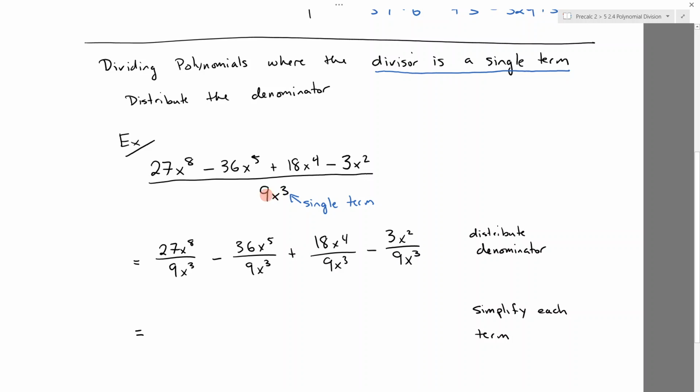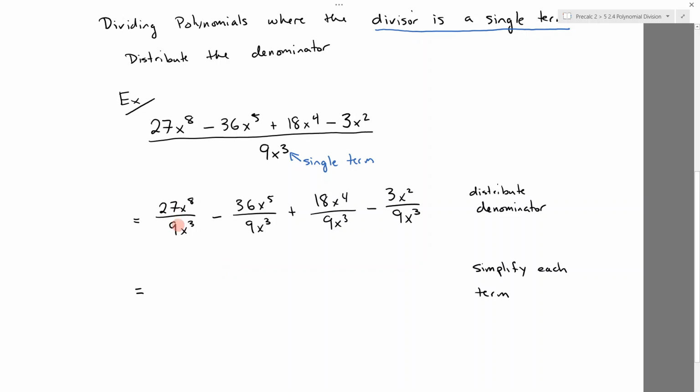Right, so there's a single thing in the denominator on the bottom. The method is just to distribute the denominator, so the single term is divided into each of the terms on the top. I've already written it out here, and now we divide each of them one by one.